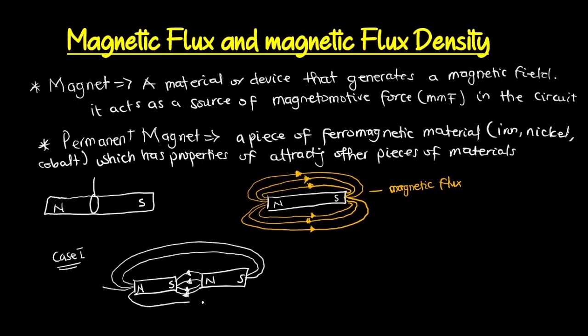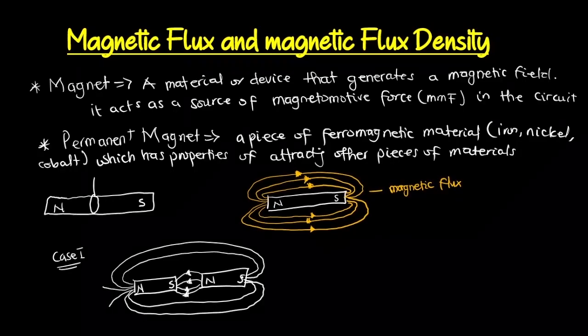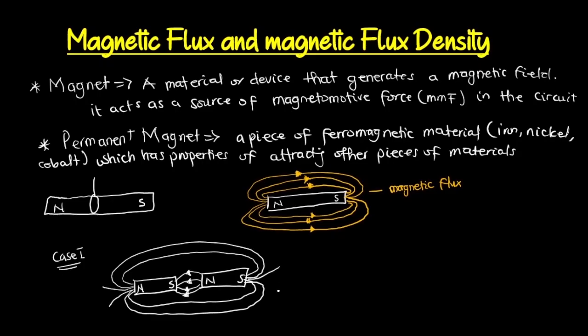This one will also move in this direction. So that is how the magnetic field or the magnetic flux will be drawn, from the north to the south, north to south, north to the south.